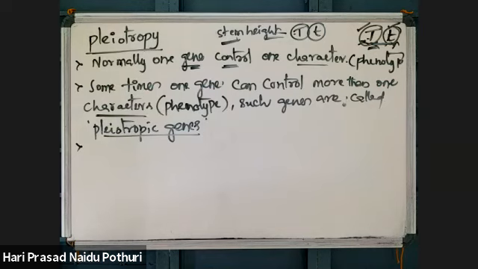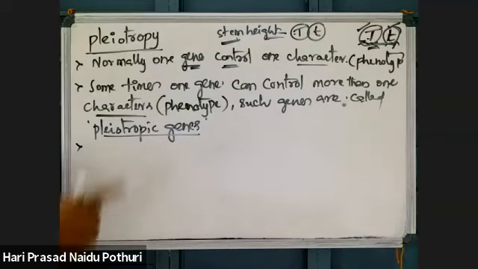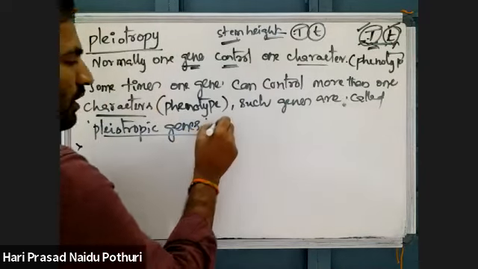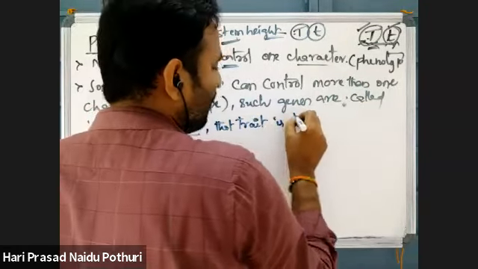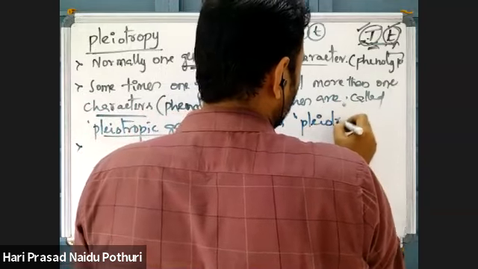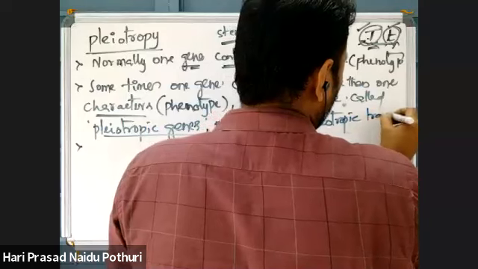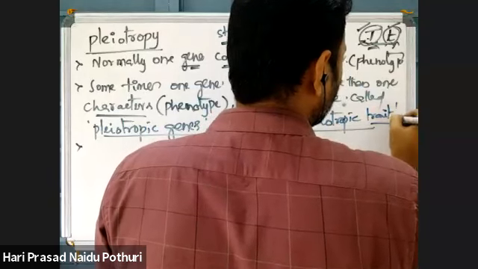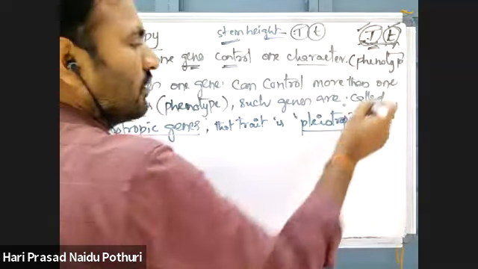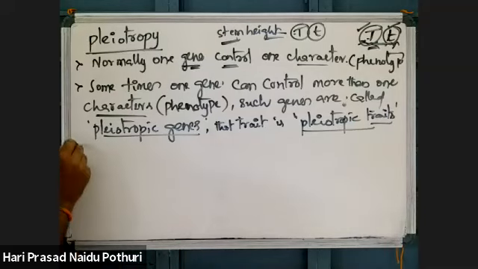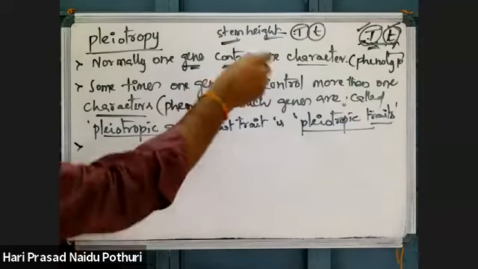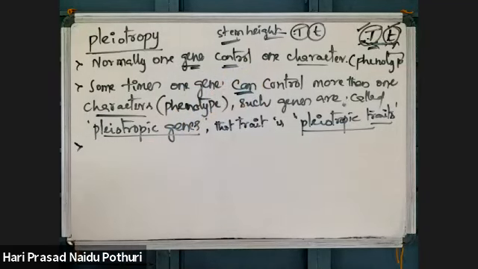Okay? And the pleiotropic gene is controlling a trait or character. That trait which is controlled by the gene is called a pleiotropic trait. Pleiotropic traits means different phenotypes which are controlled by one gene. Okay? Here, what is the basis for one gene controlling more than one character?